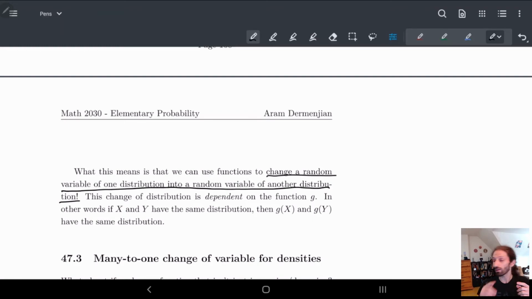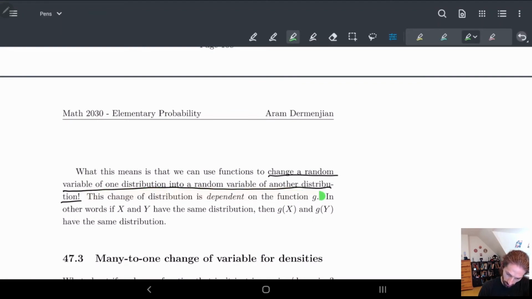One thing that we can't change is that this change of distribution is dependent on the function. What I mean by that is this sentence: if x and y have the same distribution, then g of x and g of y are also going to have the same distribution.